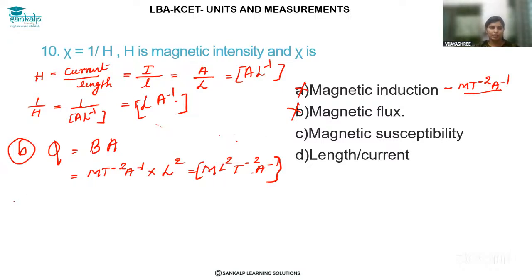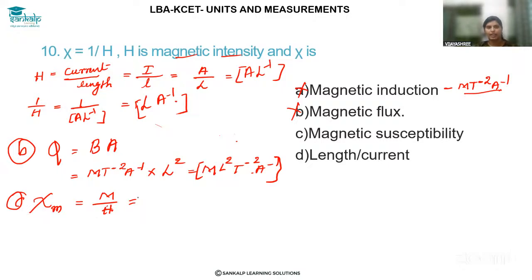Let us look at magnetic susceptibility, option C. Magnetic susceptibility is equal to M by H. Here M is the magnetization and H is the magnetic field intensity, as already given. M and H have the same unit, the same dimension.